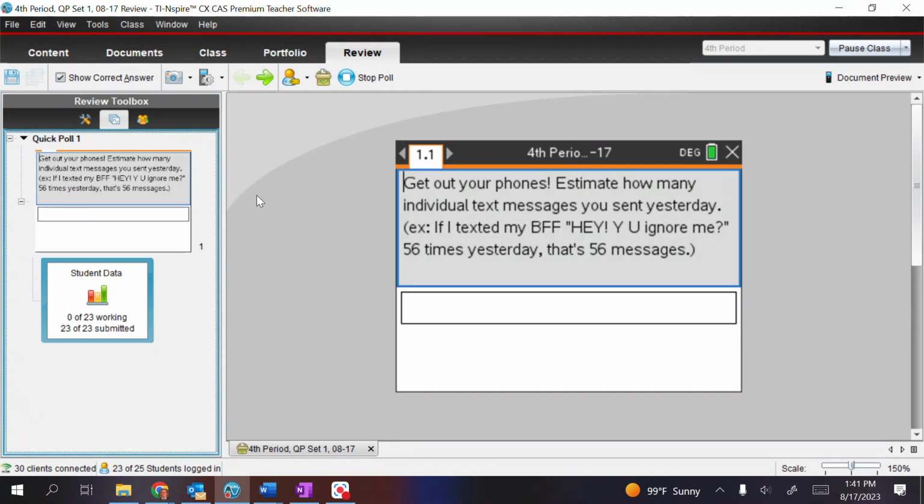Okay, so it looks like y'all are all submitted, so I'm going to stop the poll and then open the data. It's not wanting to open. Come on. Maybe not. Maybe we do have to see names.